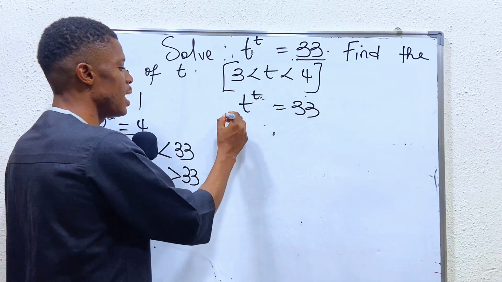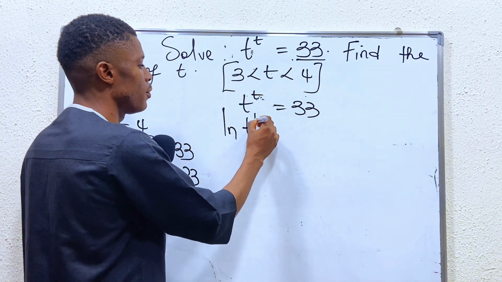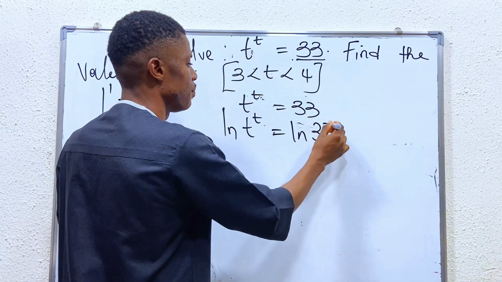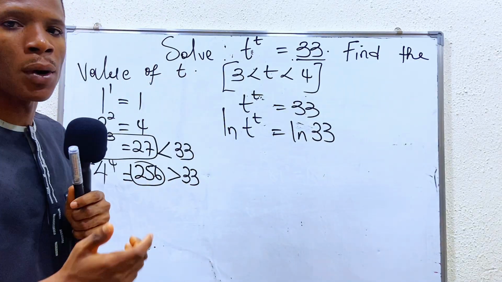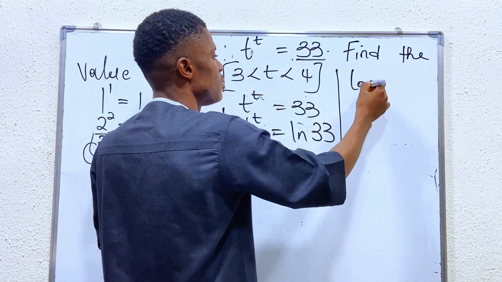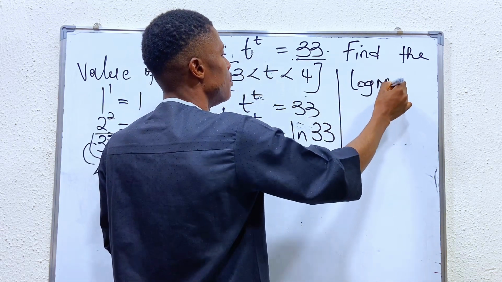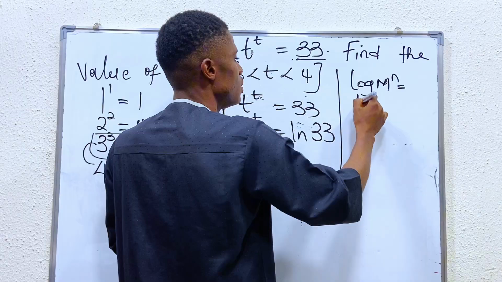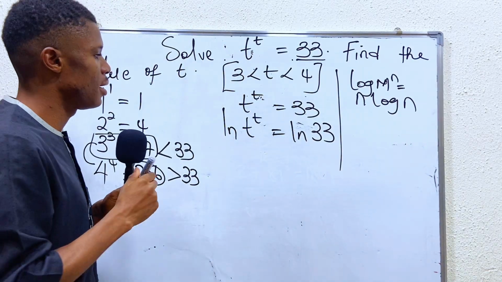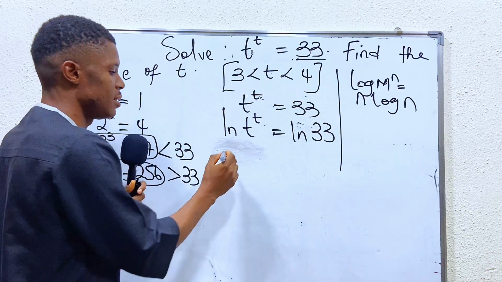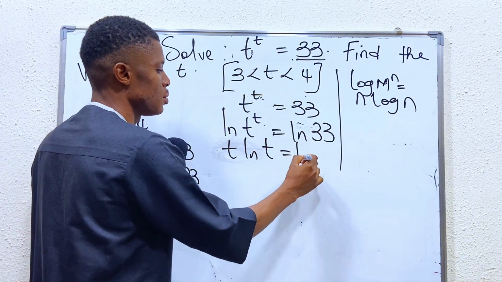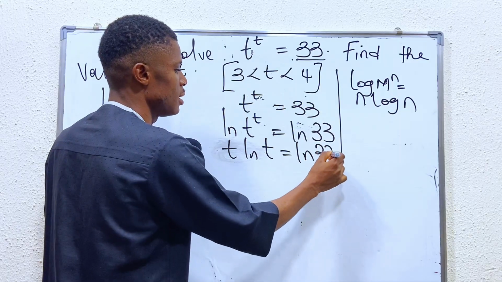So ln of t to the power of t is equal to ln 33. Recall the property of logarithms that log of m raised to power n is equal to n log m. So what do we have here? We have t ln t is equal to ln 33.